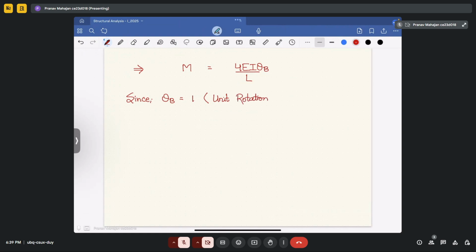That means your M will become equal to 4EI upon L.